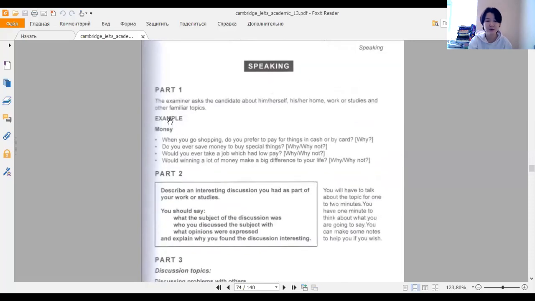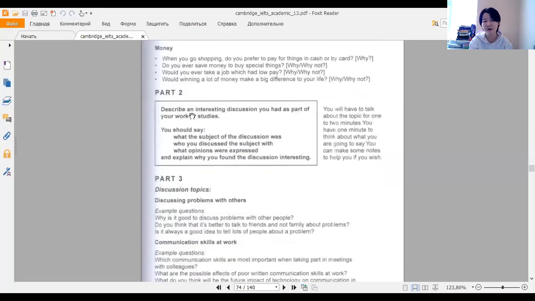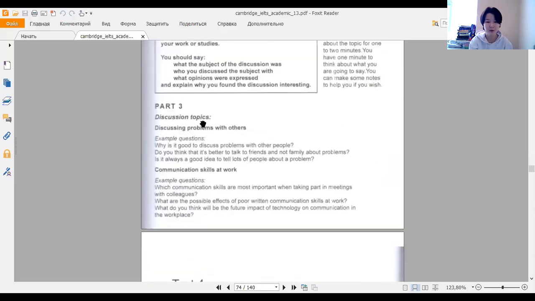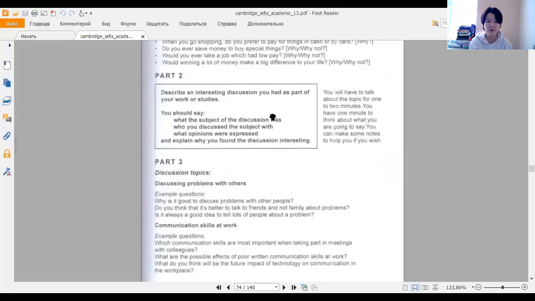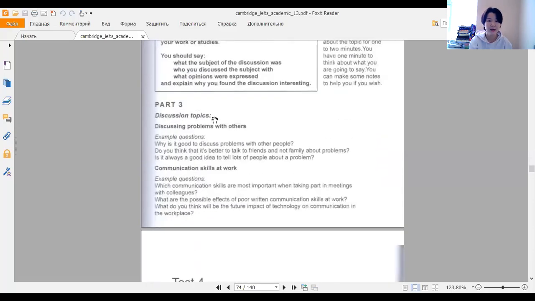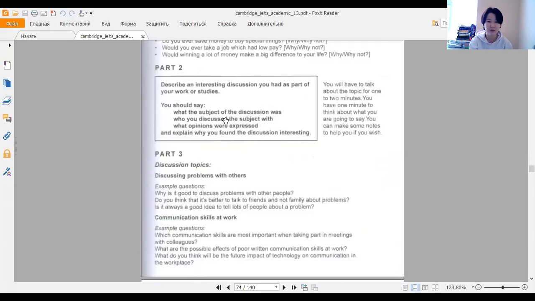In part one, again this example, and part two looks like that. It would be given in the form of a card. In part three, here the topic is about work or studies, and part three is about discussing problems with others. Here it was: describe an interesting discussion that you had as part of your work or study.